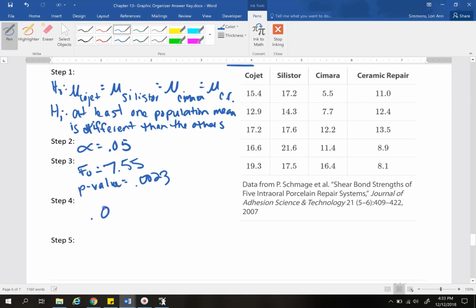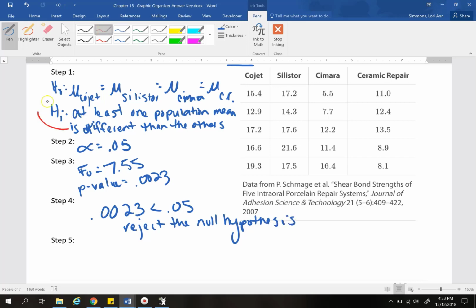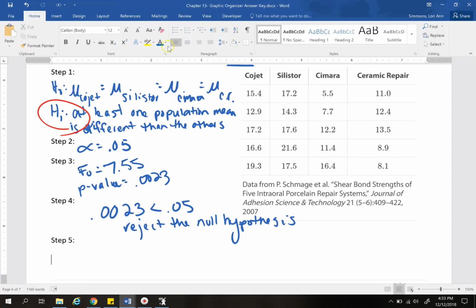Step 4 is compare your p to your alpha. It is less than that, so we reject the null. And then step 5 is to state the conclusion.